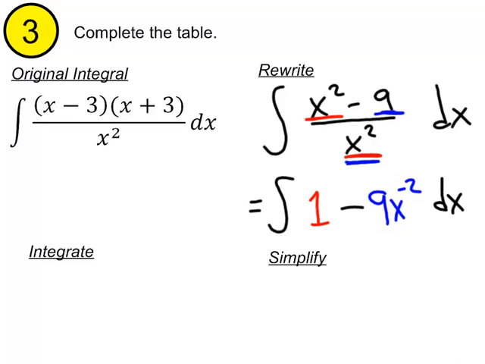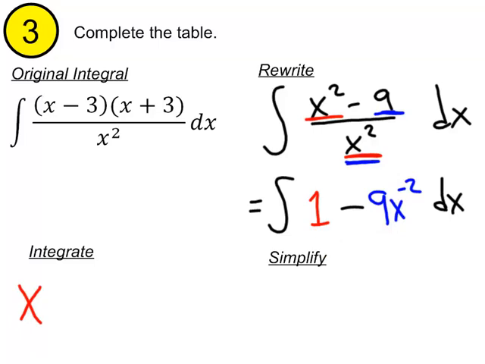Okay, now we turn our attention to anti-deriving, or integrating. If we integrate the 1 right there with respect to x, meaning x is going to be our variable, that means that we're going to get an x here, because the derivative of x gives us 1.